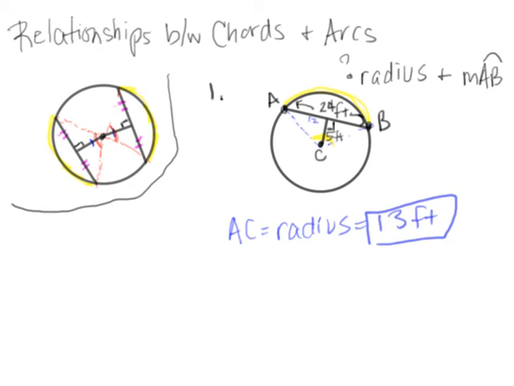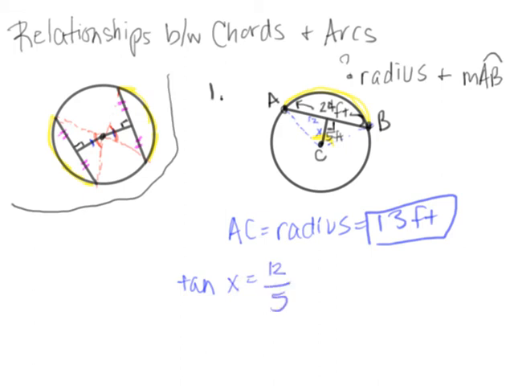If x is this angle right here, I'm going to call that x because that's going to be half of the entire central angle, which will equal the whole arc there. Then I know that the tangent of x will equal 12 over 5. That was one way for me to do it.